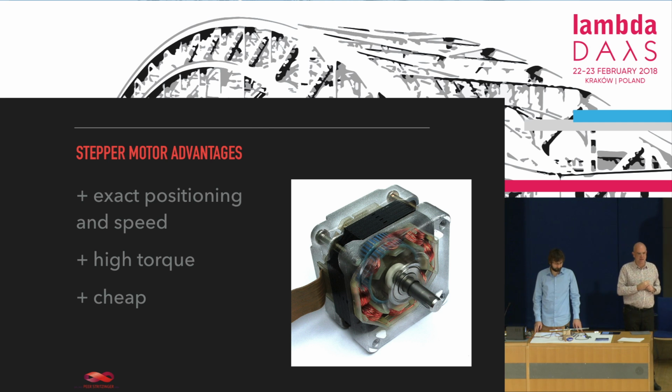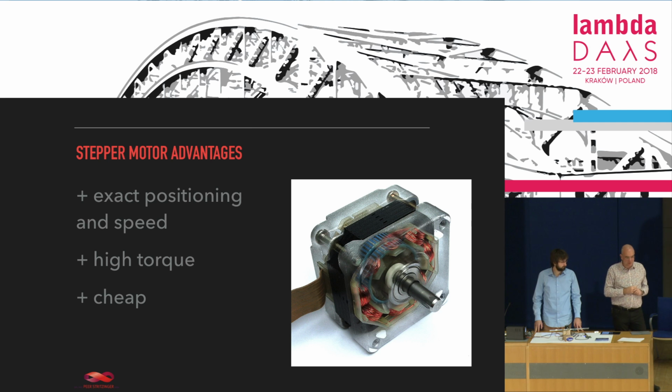For example, this one has 200 positions going one time around, so it's 1.8 degrees per position. And the controller, by driving the current to two coils, like 10% of this coil and 90% of this coil, can have sub-steps, which means you can have 256 sub-steps between this 1.8 degree, which is very, very small steps and very precise.